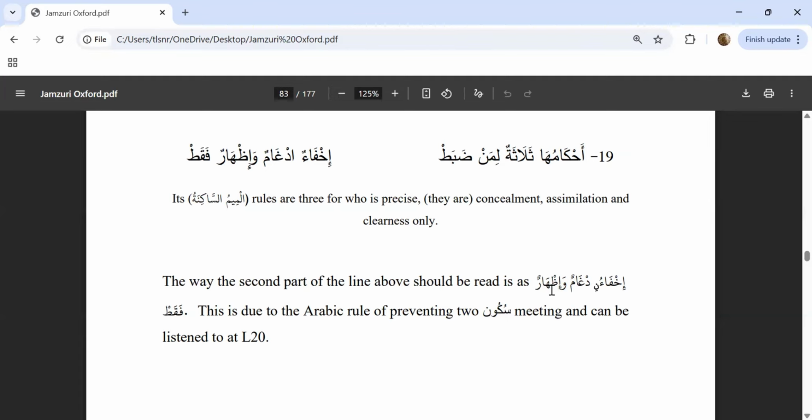So when you recite the poem for your ijaza, you will want to recite it like that. You will not say إخفاء إدغام. You will recite it إخفاءُنْ دغام وإظهار فقط. And that application is also seen when we are reciting Al-Quran. Again, we are preventing the two sukoons from meeting.